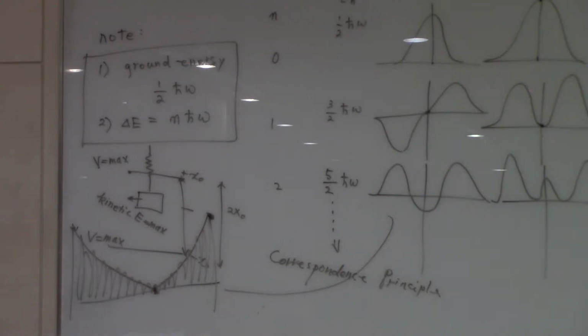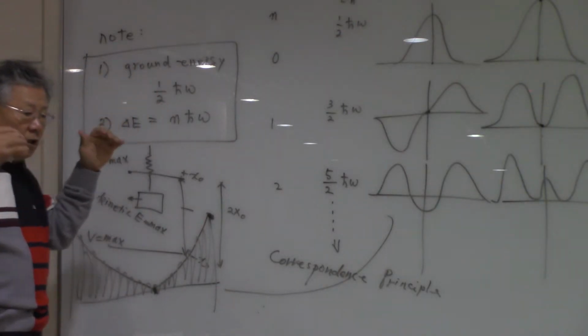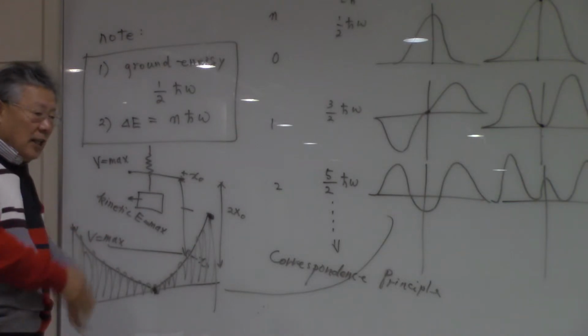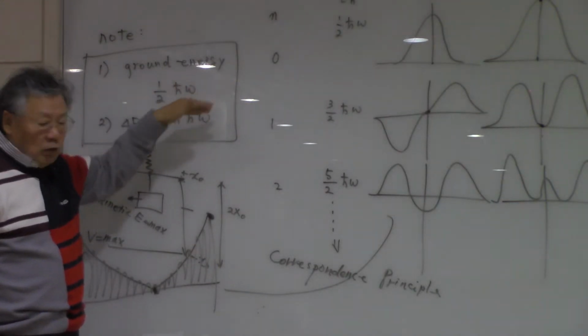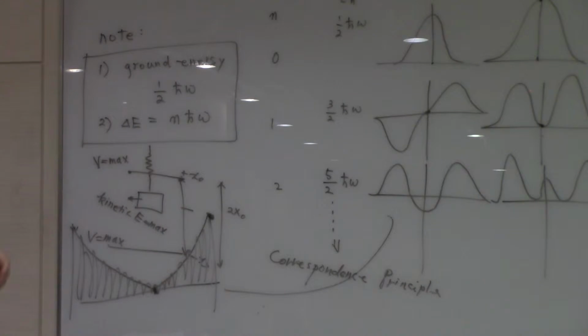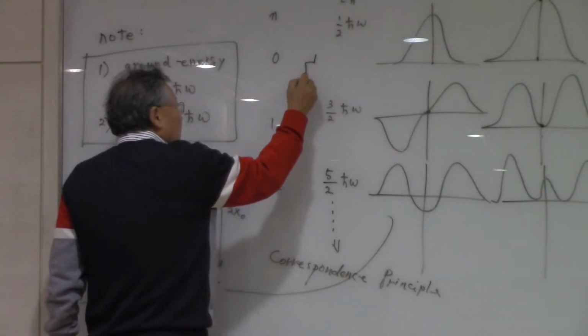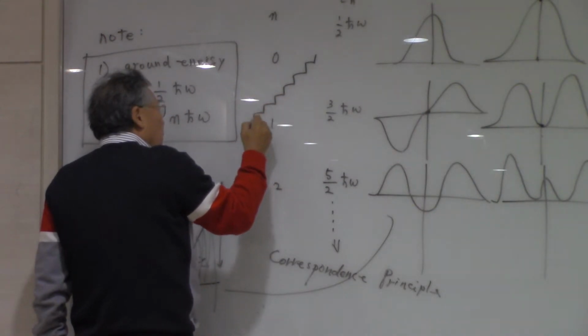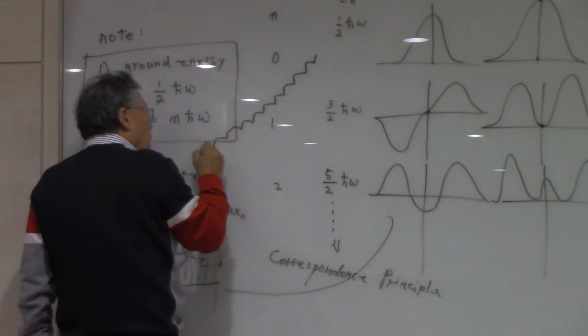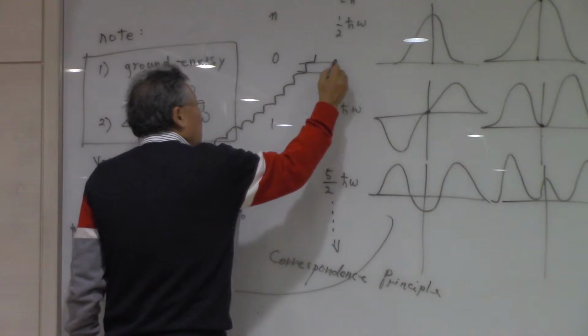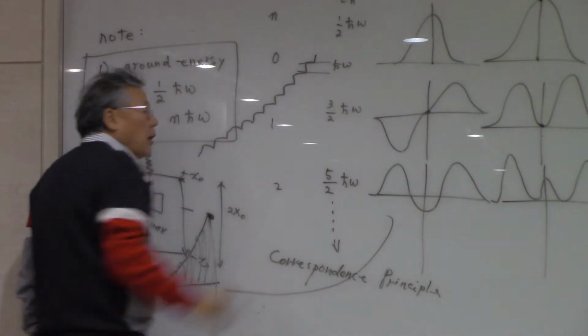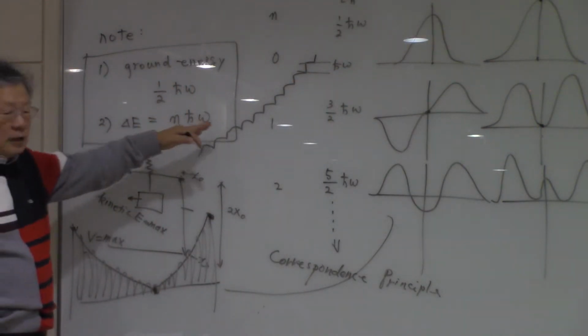Because when the external energy is cut down, it can return to the original energy state, to the ground state, like a staircase, okay? Always the next available energy step of h bar omega is available in this case.